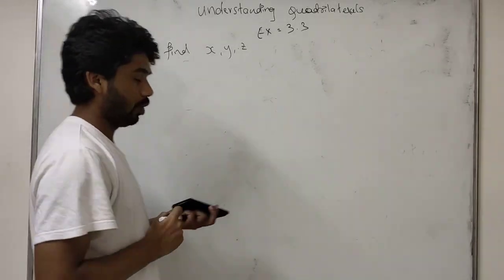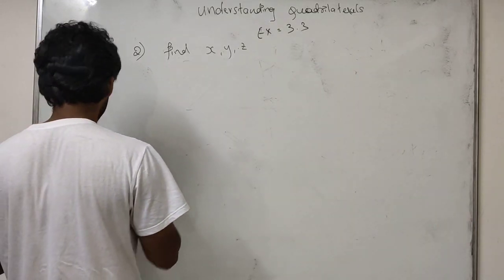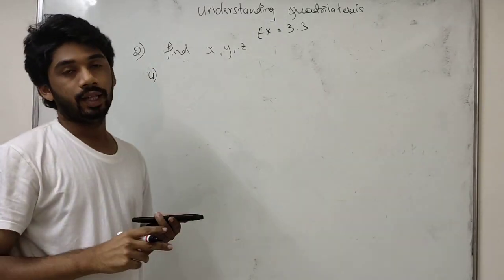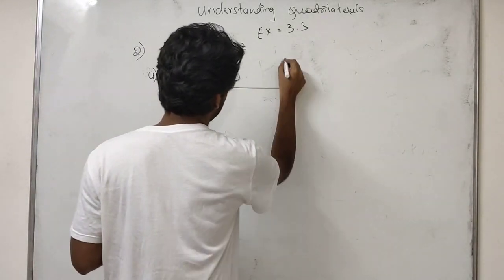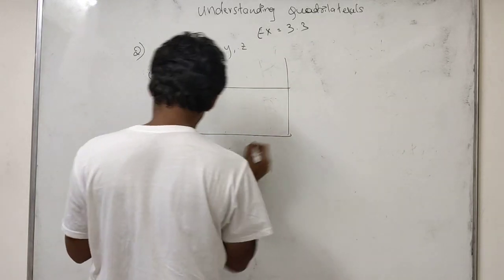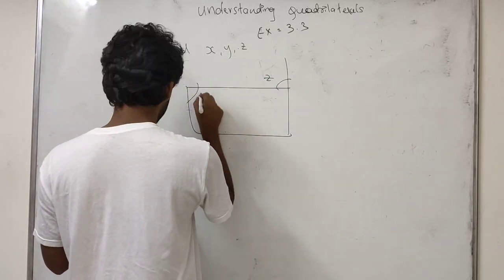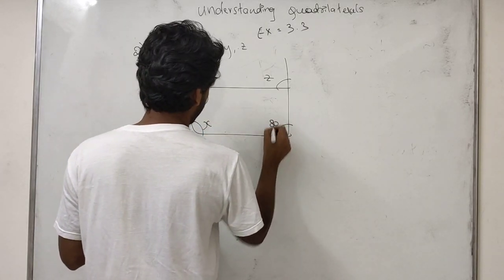Okay, students. Now the next problem, the fourth one. There is a figure. We have to find the x, y, z values. This is the figure: z, y, x, 80 degrees.